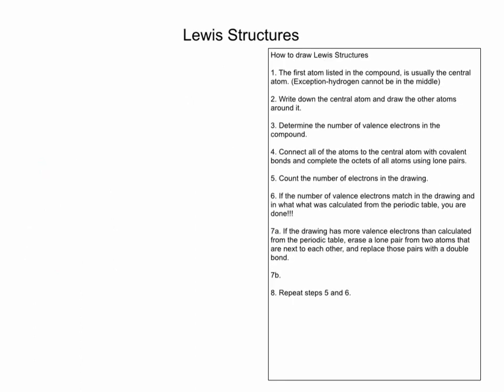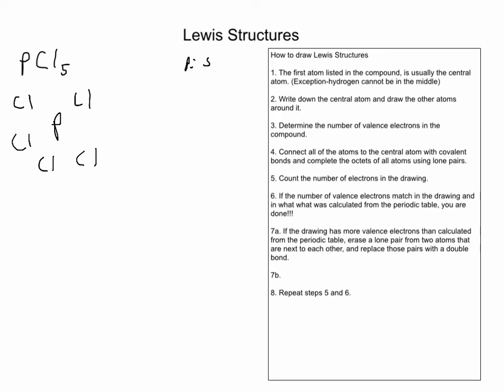Let's practice with two final examples. The first one we'll look at is phosphorus pentachloride, PCl5. So we'll put phosphorus in the middle, and then we'll put the 5 chlorines around it. Once we've done that, we'll figure out the total number of valence electrons.